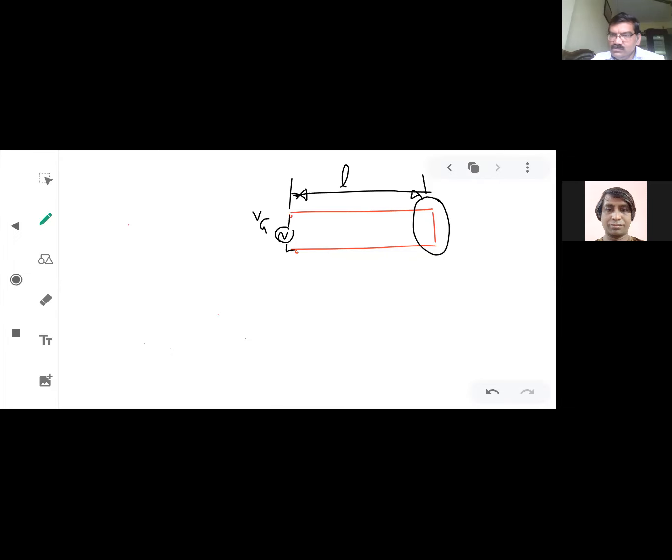The moment it reaches the end of the transmission line, short circuit means you know that its impedance is 0, whereas the impedance of the transmission line, that is the characteristic impedance, is suppose 50 ohm. So there will be a mismatch in the impedance, and because of which the power will get reflected back.